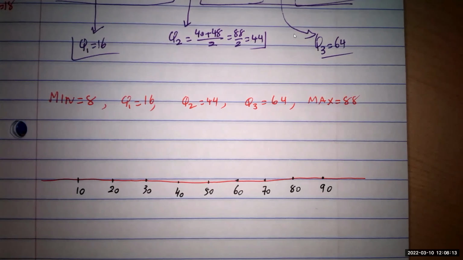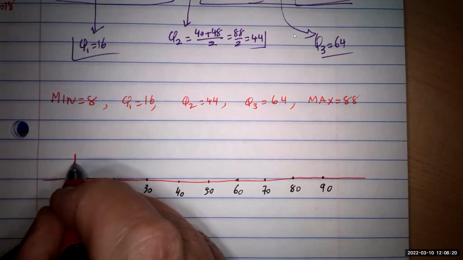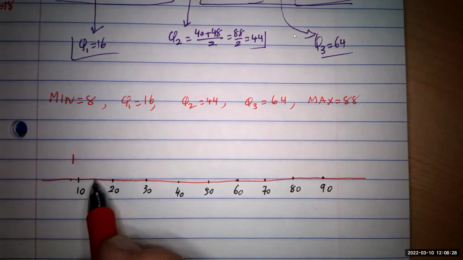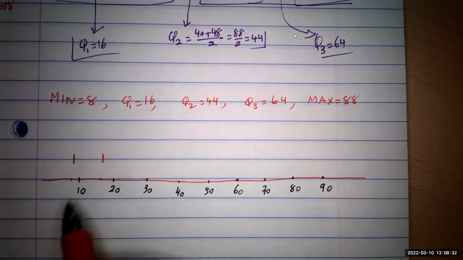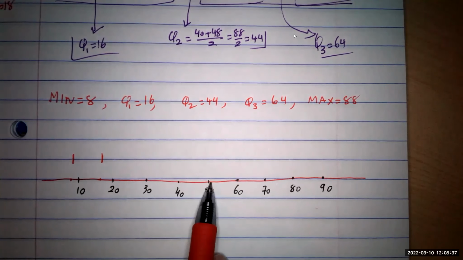Okay, identify the 5 numbers that you have. We have the 8. Suppose this is going to be the 8. So we put the number line on the top. So that gives us the minimum. Q1 of the 16. That's it. This is 15. Suppose this is 16. That's Q1. 44.